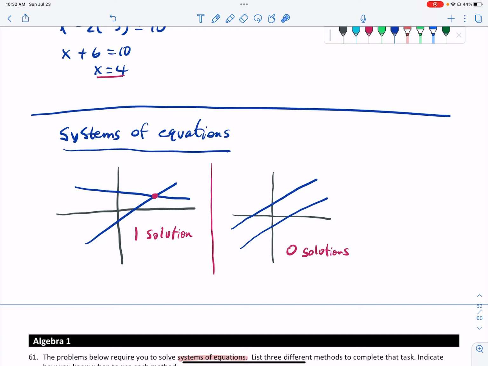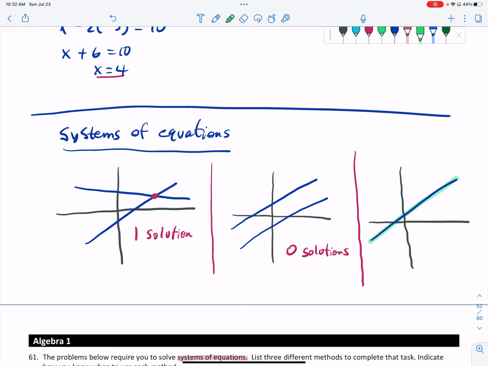One last possibility. That is, I have my two lines that I try to graph. What a wiggly y-axis. Anyway, so I go to graph my first line, and then I go to graph my second line, and the strange thing that happens is that it lays right on top of the other one.